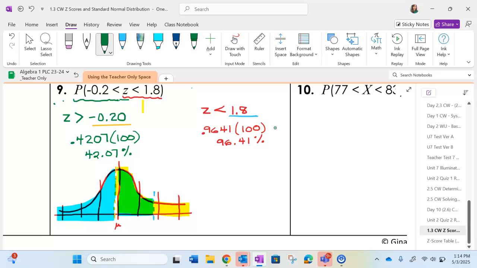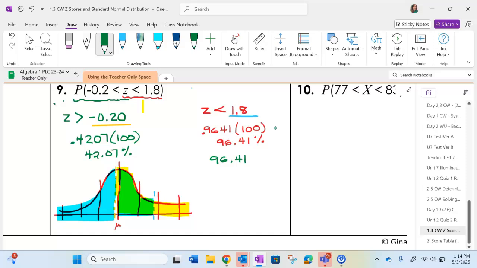So do you see how I know this whole piece right here is 96.41%? This whole big piece to the left of the blue. Okay? Now I know to the left of the yellow is 42.07. So what do you think you would do to figure out the green in the middle?